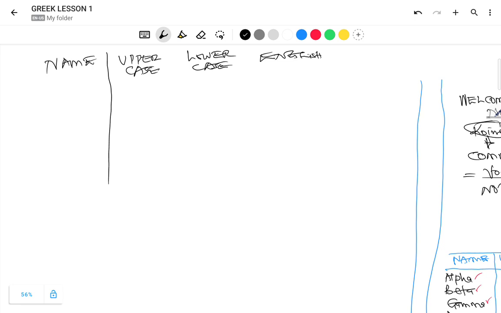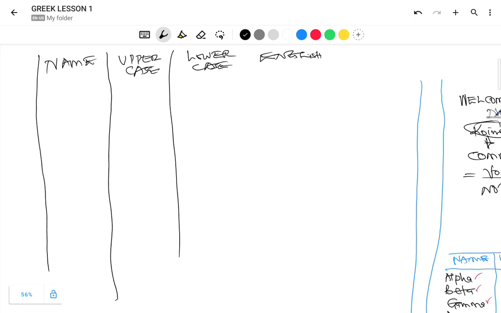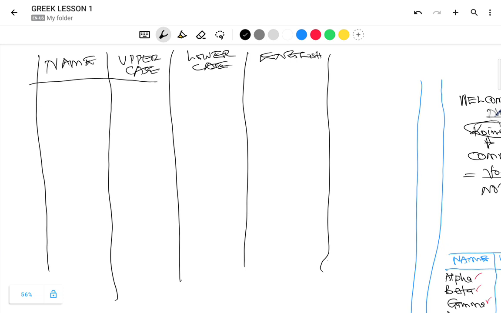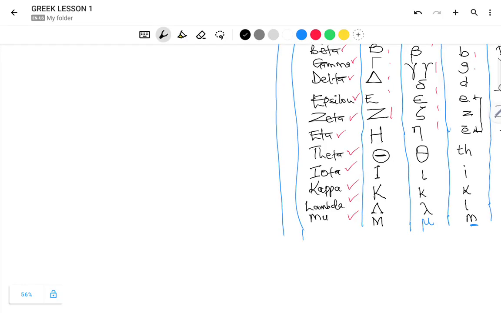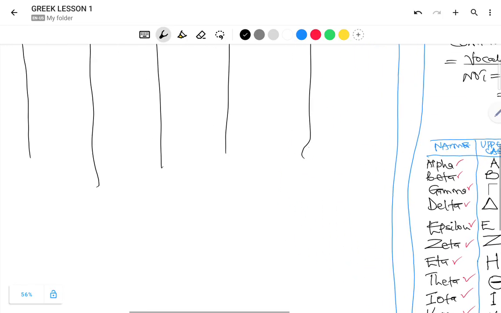And so we will have our table again drawn like we did before. All right. And we'll keep building this as we go along. And so we ended with kappa, lambda, mu being the 12th letter.